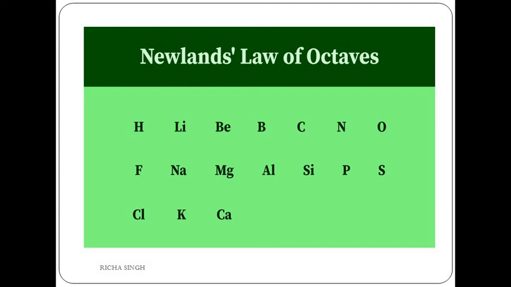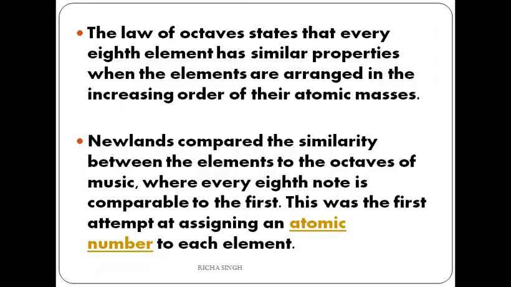Then one more mistake was there in his classification. He placed two elements in the same slot in a particular group. For example, cobalt and nickel in the first group after chlorine. Similarly, cerium and lanthanum were placed after yttrium in the same group. There was no explanation why these two elements were placed together in the same group.